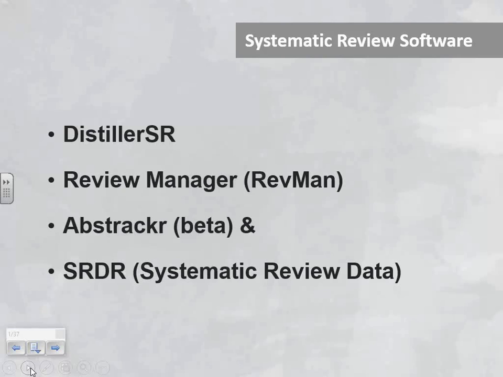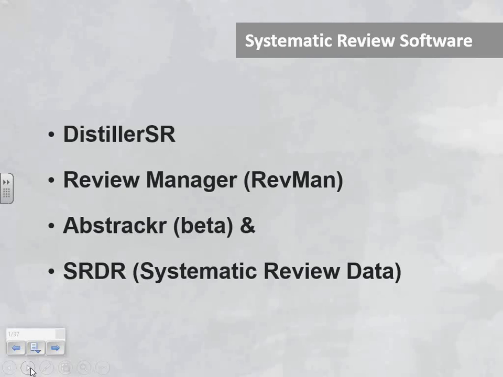Then we get Review Manager, or RevMan. It's software used for preparing and maintaining Cochrane reviews specifically. Then we get Abstrackr. That is software for abstract screening of systematic reviews. You will need to create a free account to access that. Then you get SRDR, which is Systematic Review Data Repository.